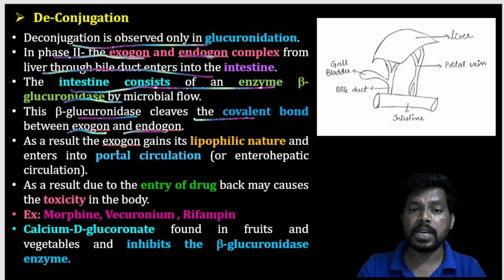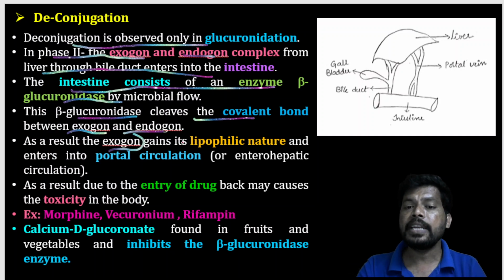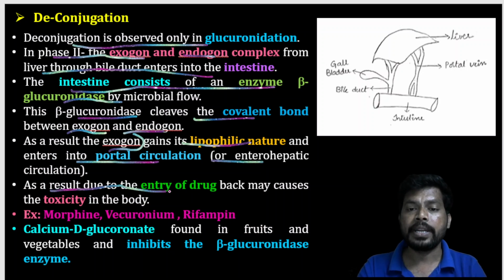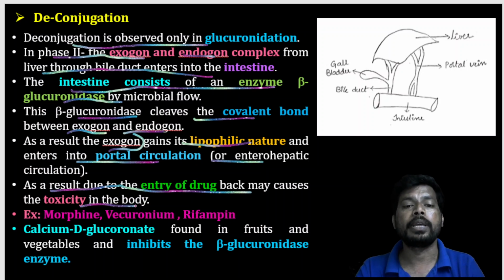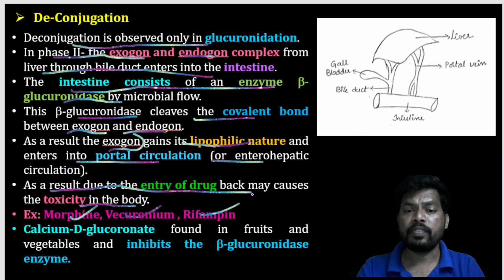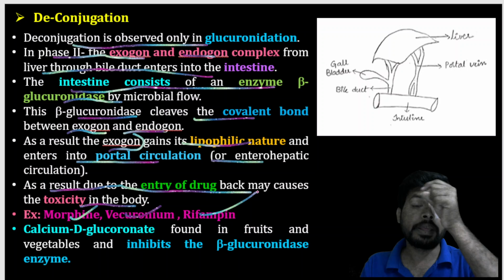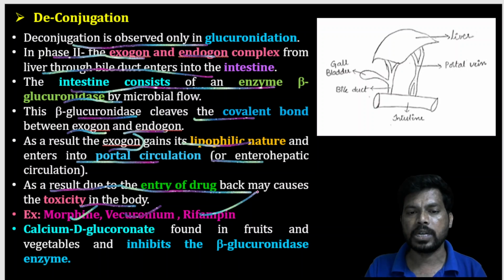As a result, the lipophilic drug molecule regains its lipophilic nature and enters the portal circulation known as enterohepatic circulation. Due to the entry of the drug back, it may cause toxicity in the body. Drugs like morphine, vecuronium, and rifampin undergo this enterohepatic circulation, which increases their half-life.